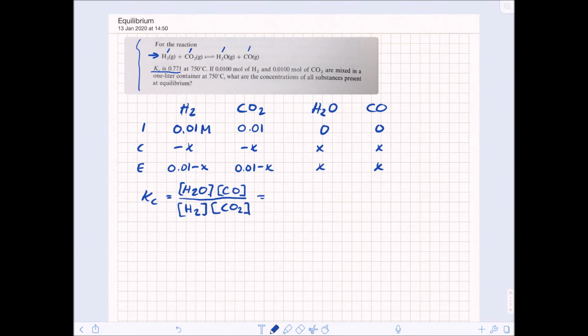And this was given in the problem. You know that this is 0.771.